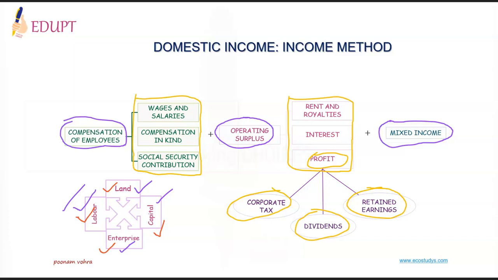So by including all these components, one gets domestic income or NDP at factor cost.